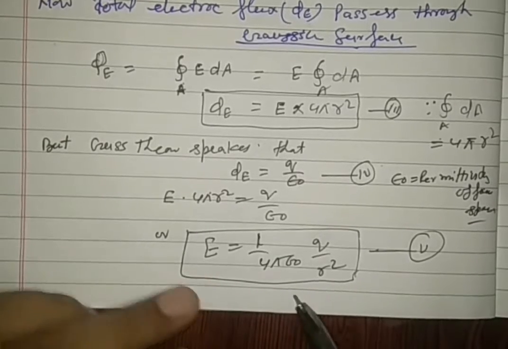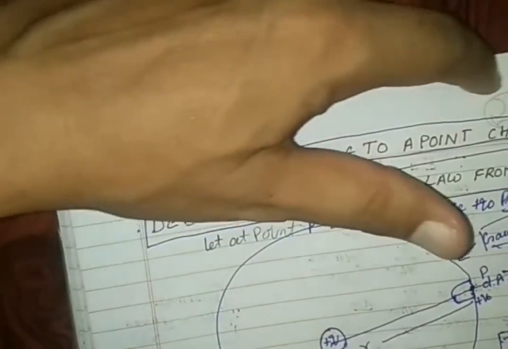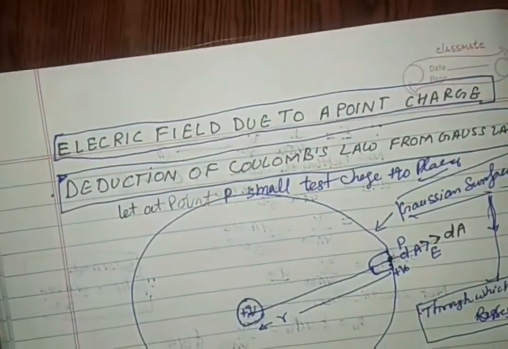So this is the formula to calculate electric field intensity that we have seen. Actually this is the first topic, electric field due to a point charge by Gauss theorem.